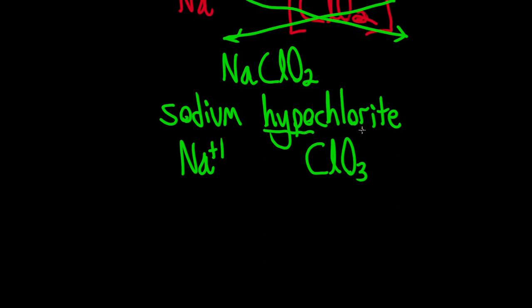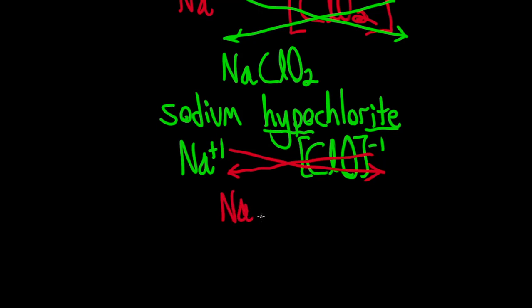I have hypochlorite instead of chlorate, and so according to my oxyradical charts, I would get rid of that 3 and I would have ClO, and all of that is going to have a -1 charge. And I do my handy dandy crisscrossing, and I end up with NaClO.